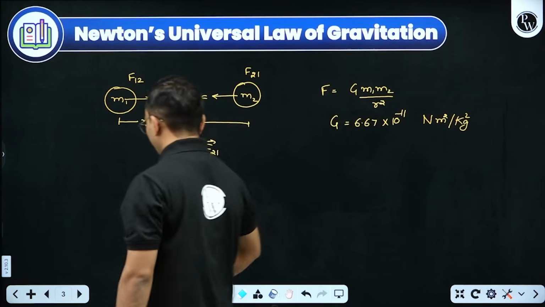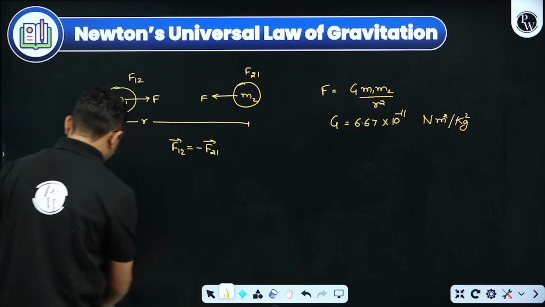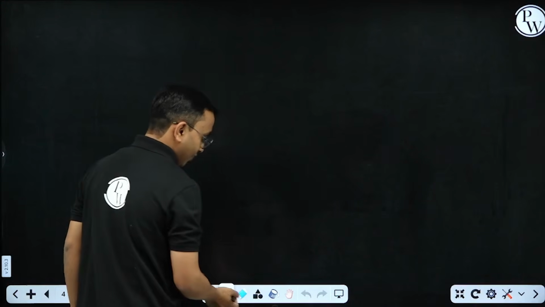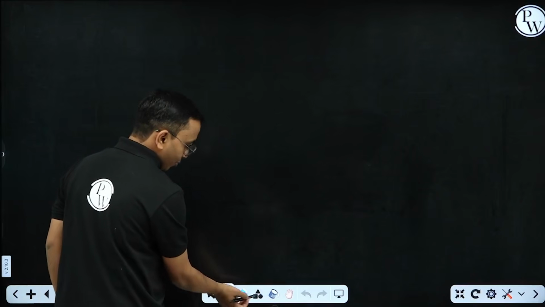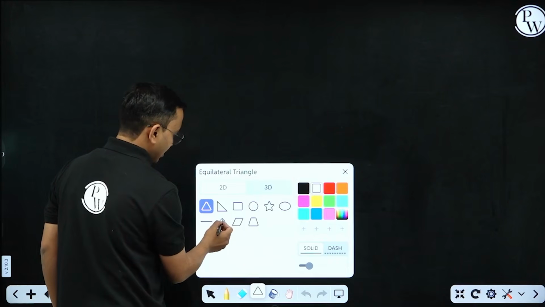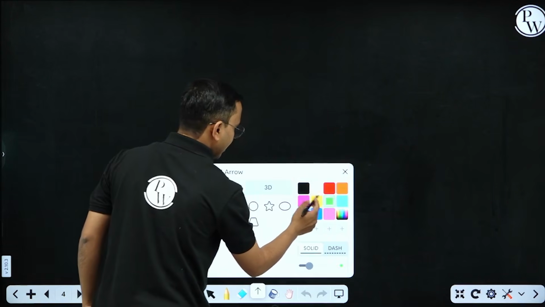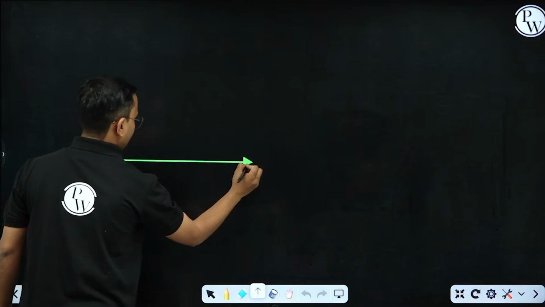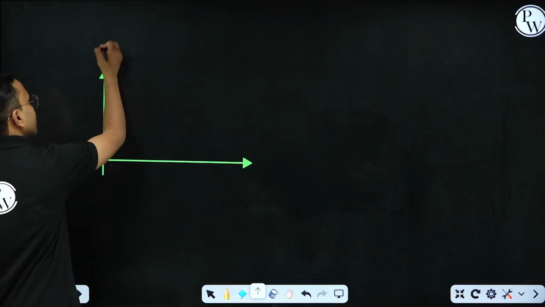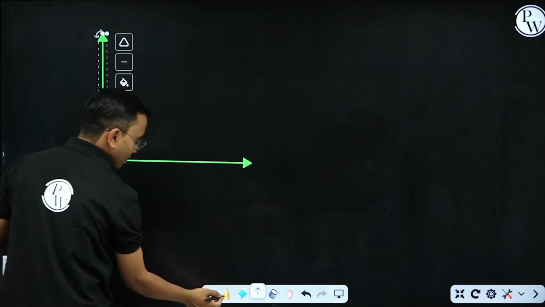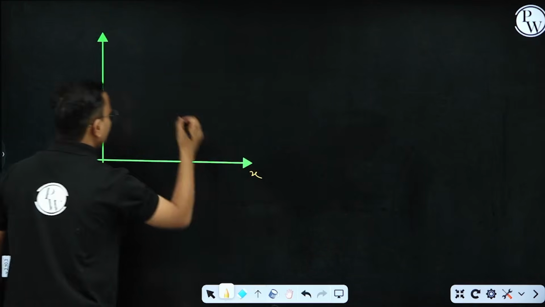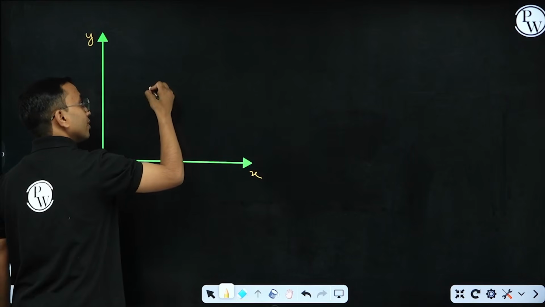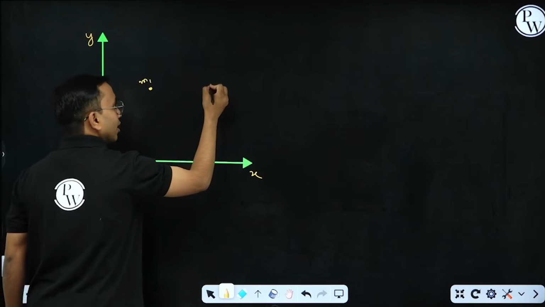Okay, so if I draw the forces in vector form, let me draw the axis first. Let us take this as my x-axis, this as my y-axis. I'm having 2 point masses, M1 here, M2 here.